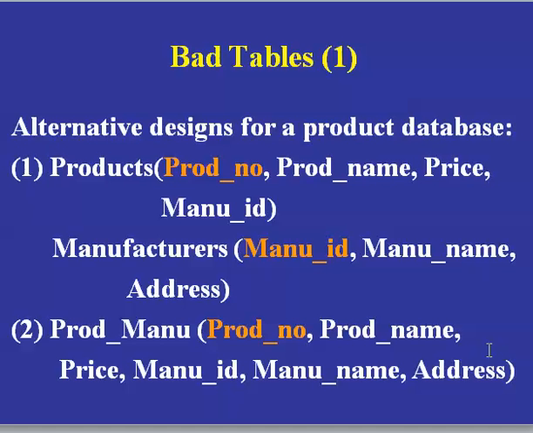So here, for example, let's suppose there are two alternatives to store the information about products and manufacturers. Let's look for a moment at the second design, product manufacturer. We see that we have product number, which is the identification, product name, price, manufacturer ID, manufacturer name, and address.